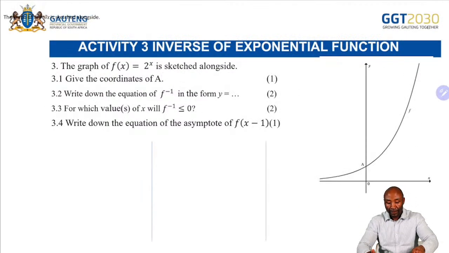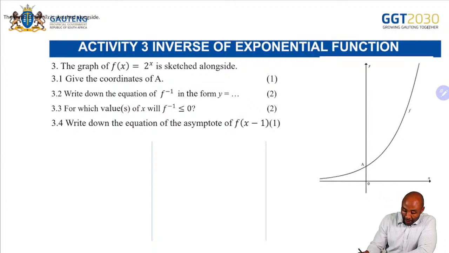Welcome back. Interesting activity to help us remember what we need to do. The graph of f of x is equal to 2 to the power x is sketched alongside. There is our graph of f of x. Give the coordinates of a. So if you check, a is our y-intercept of f.